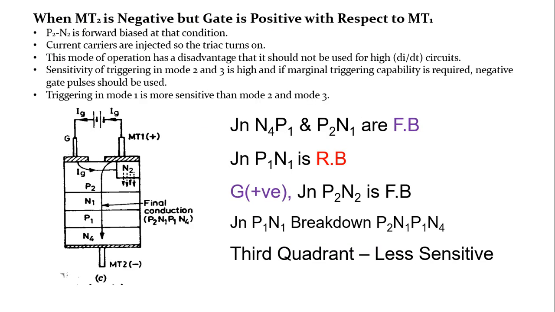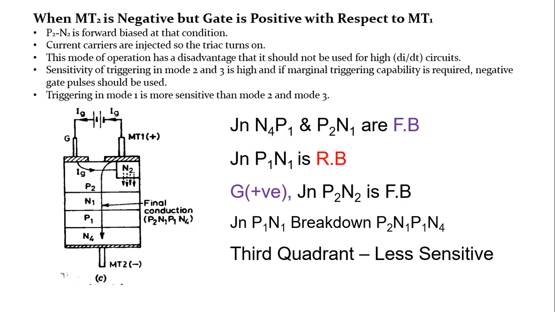Then the third mode is MT2 negative but gate positive with respect to MT1. Here P1 N4 and P2 N1 are forward biased, but the junction P1 N1 is reverse biased. The gate is positive, so the junction P2 N2 is forward biased, and here the junction P1 N1 breaks down, and after this the conduction layers are P2 N1 and P1 N4.